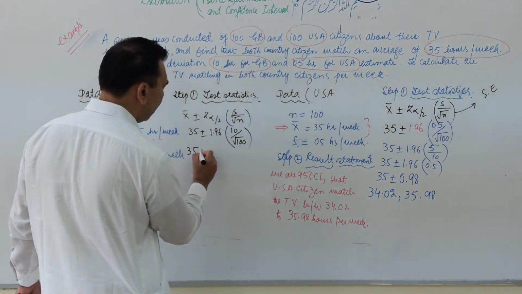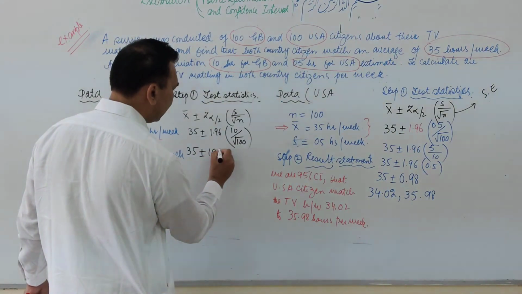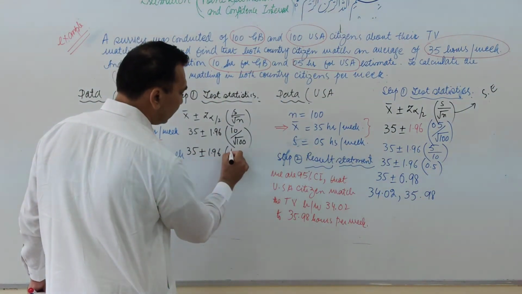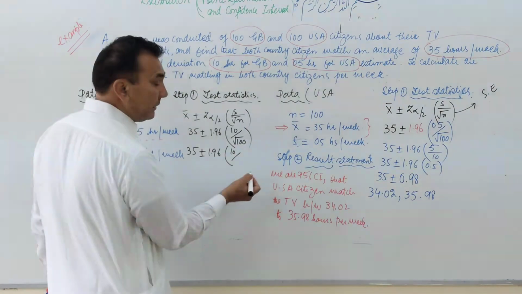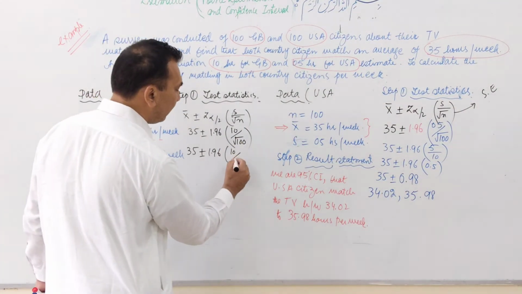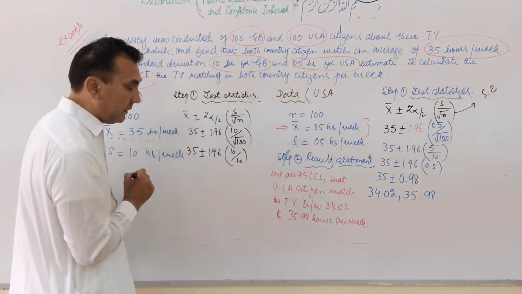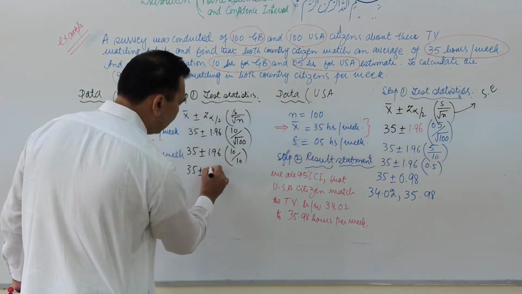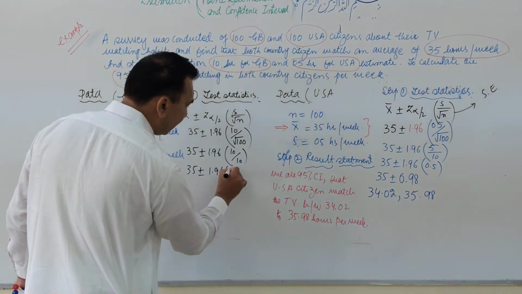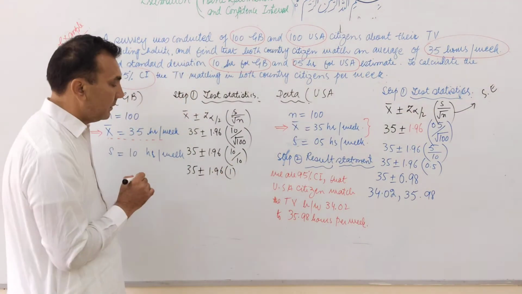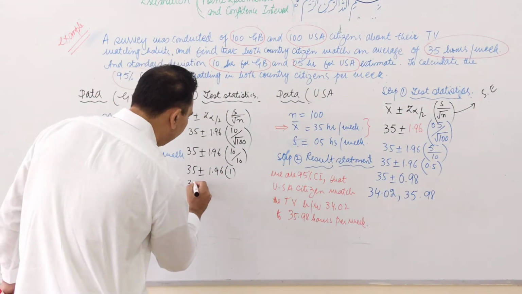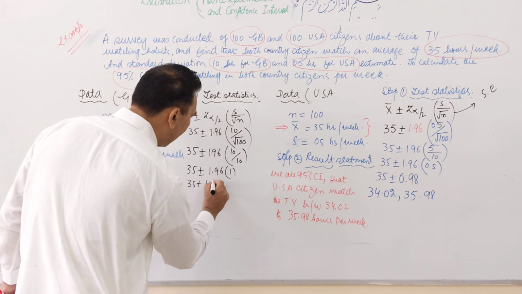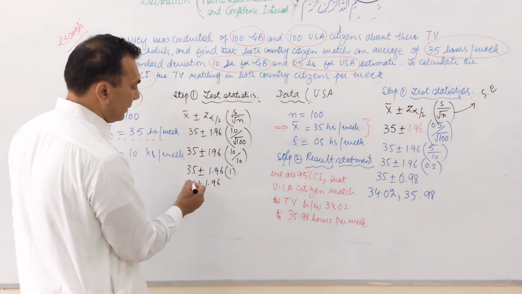35 plus minus 1.96 times 10. The square root of 100 comes up with 10. So 35 plus minus 1.96 multiplied by 1, so 35 plus minus 1.96.